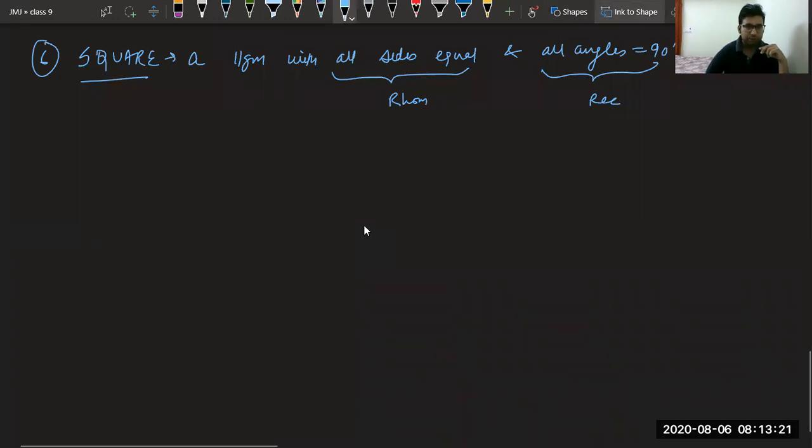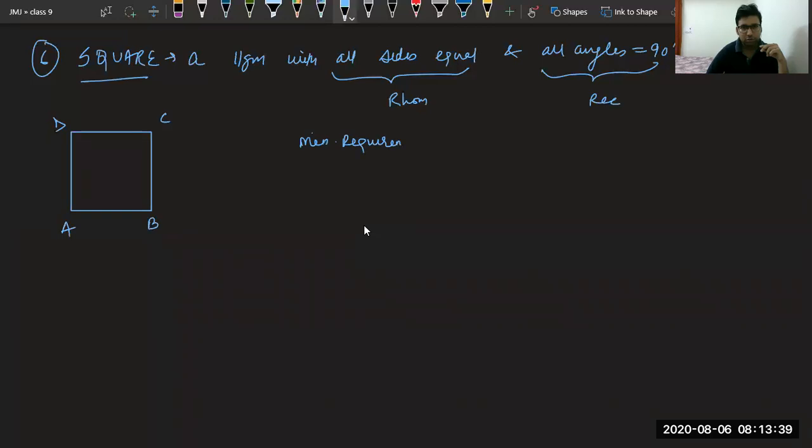Let me draw a diagram. You all know, although. So this is a square ABCD. This time we have different properties that we have to discuss. First, minimum requirements to prove a square. First thing you have to prove is that ABCD is a parallelogram.